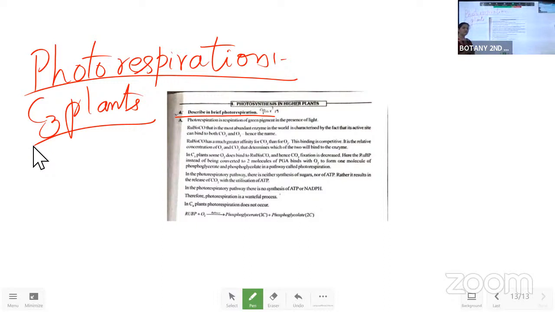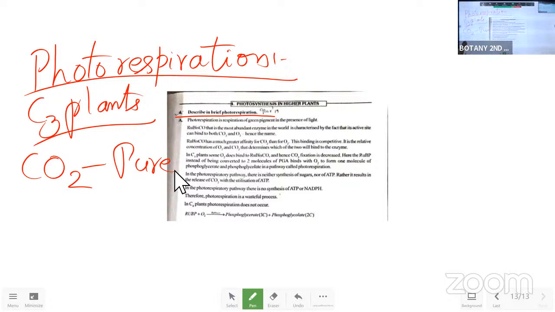Why? Because whenever they need to do the photosynthesis, they need to have carbon dioxide in a purest form, pure carbon dioxide in a much more concentration. Without that, they cannot start the photosynthesis itself.